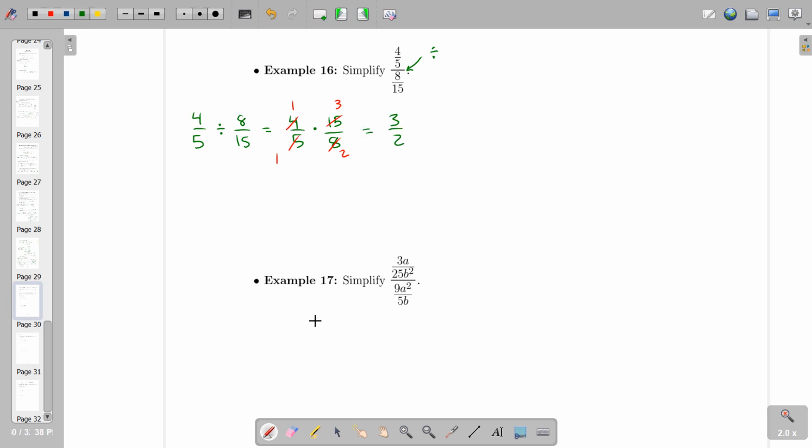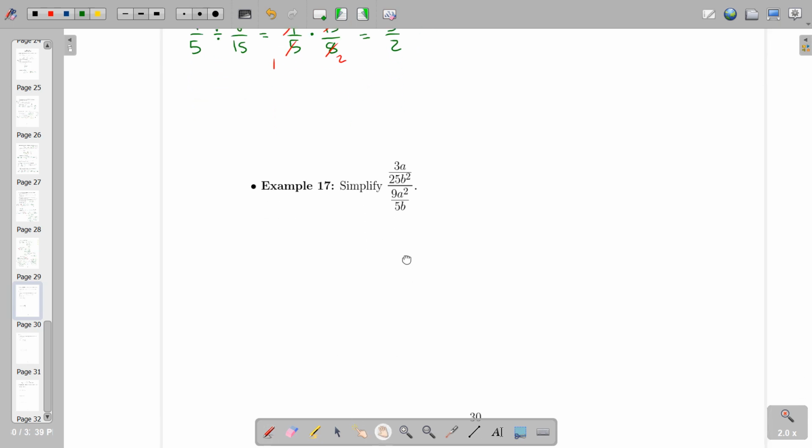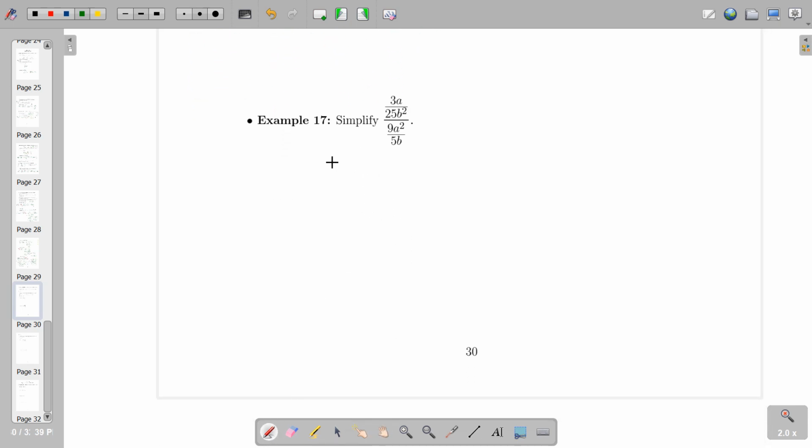All right. And we can do the same thing here in example 17, where we've got some letters as well. So this is 3a divided by 25b squared divided by 9a squared over 5b. But I know that that's the same thing as multiplying by 5b over 9a squared.